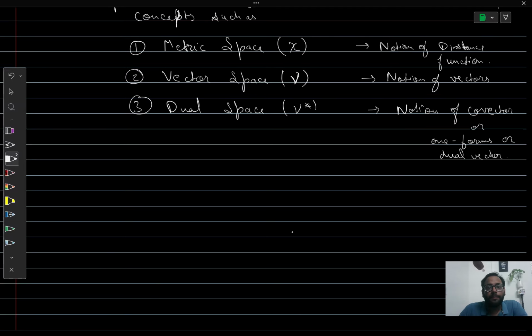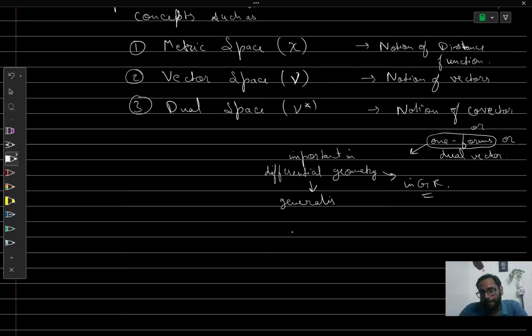Also, one forms are important in differential geometry, a field of mathematics used, for example, in GR. This can be further generalized as P forms.